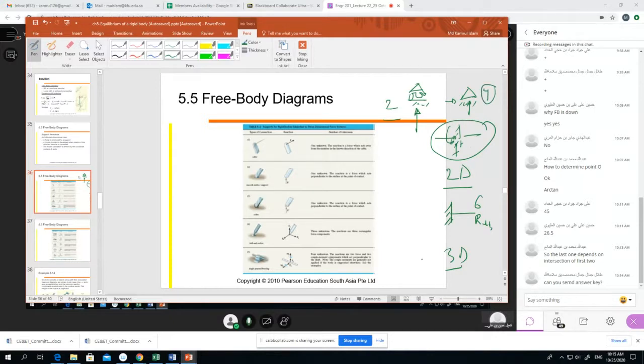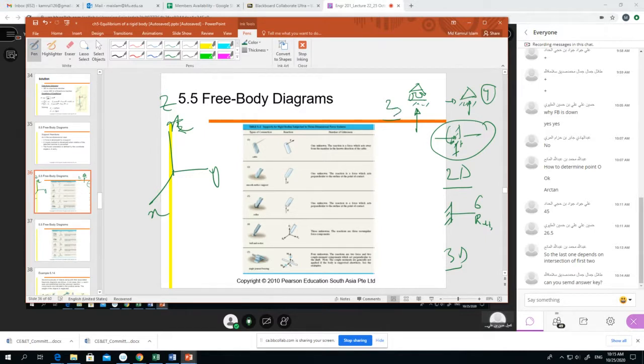It will be just double. Why? Because in 3D dimension we have x, y, and z. So the number of reactions will increase in all directions.